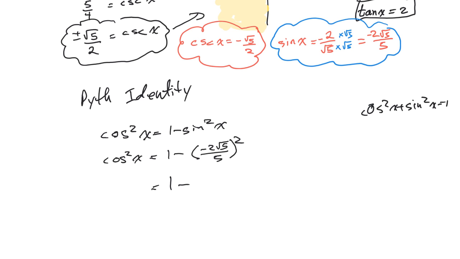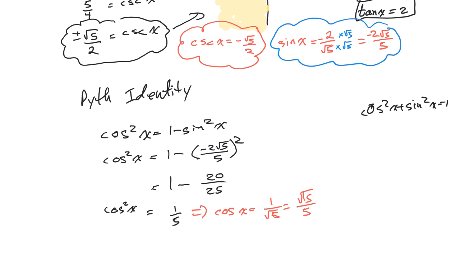So we have 1 minus, well, 2 times 2 is 4 times 5, which is 20 over 25, which when you simplify, you end up with 1/5. So that's cos squared x. So now to get cos by itself, all we have to do is square root. So cosine of x is equal to 1 over the square root of 5, which is really the square root of 5 over 5.